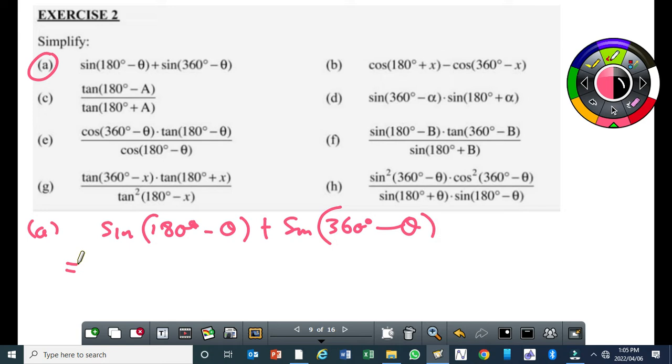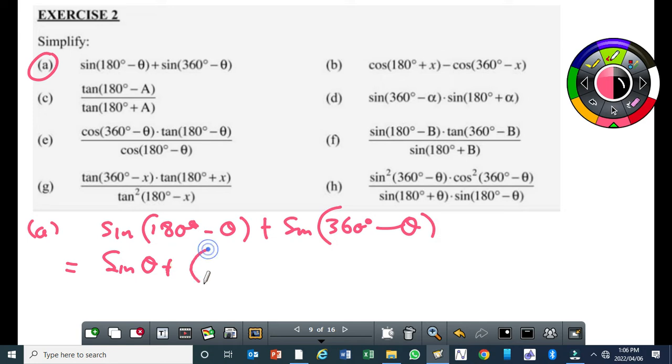Sine 180 minus theta, if theta is acute, it means 180 minus theta is going to be in the second quadrant. In the second quadrant, sine is positive. Therefore, this will be equal to sine theta plus, now if theta is acute, 360 minus theta will give you an angle in the fourth quadrant. In the fourth quadrant, sine is negative.